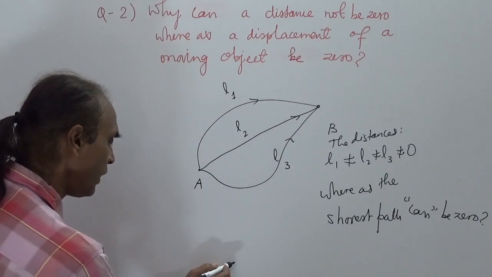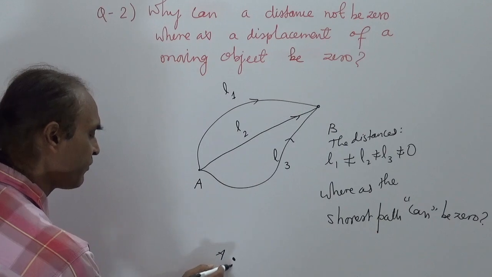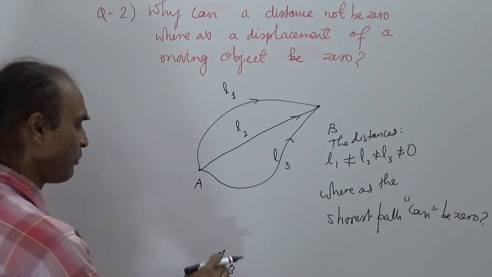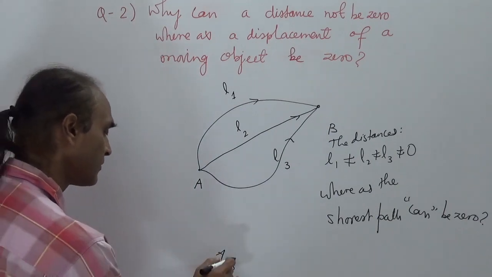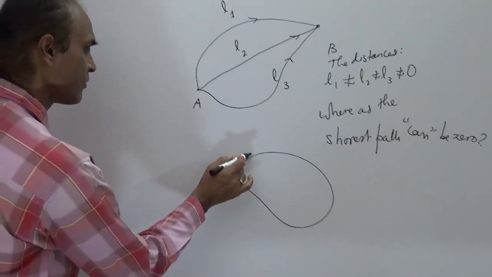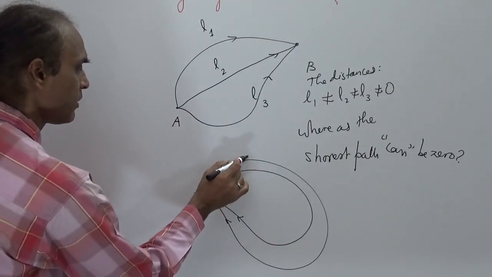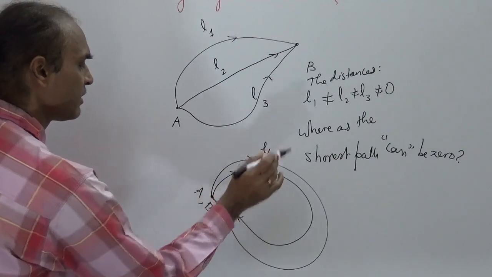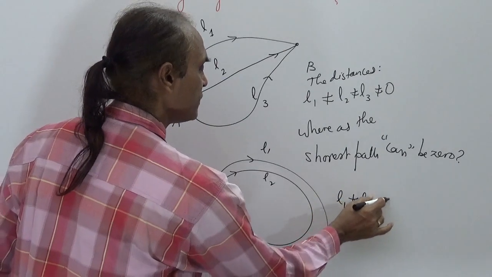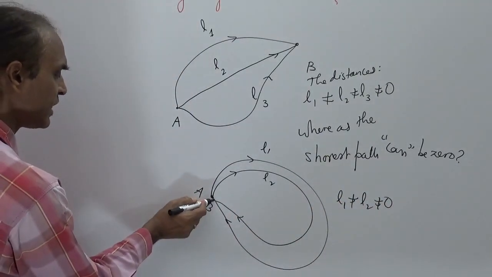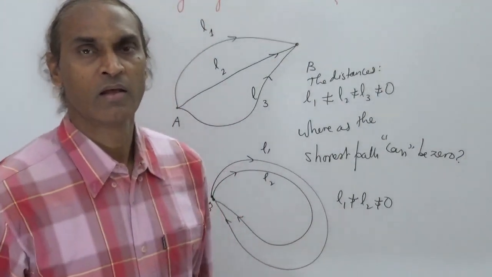If you imagine the initial position and the final position at the same place, then you can move in this way, you can move in this way. The length cannot be 0. However, the shortest distance between these 2 points, when these 2 points coincide, can be 0.